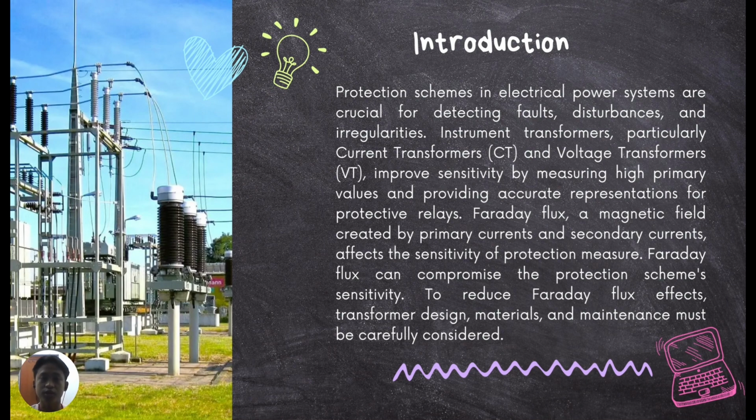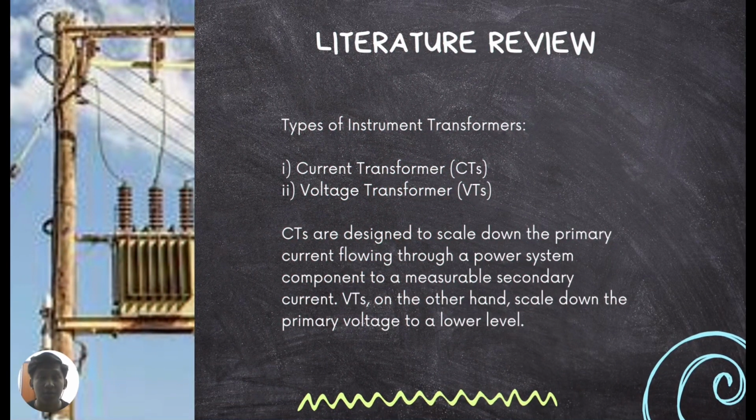We go to Ikram Daniel, which is literature review. Thank you. Hi, so I will continue this presentation for the literature review. First of all, the first part of the literature review will represent the types of instrument transformer, where there are two main types: the current transformer, the CT, or the voltage transformer, also known as VT.